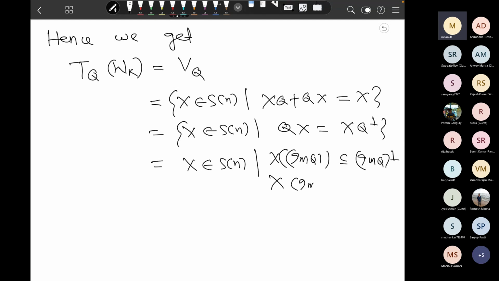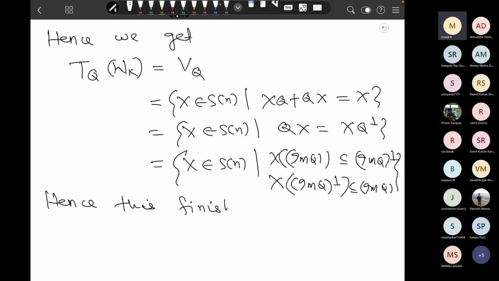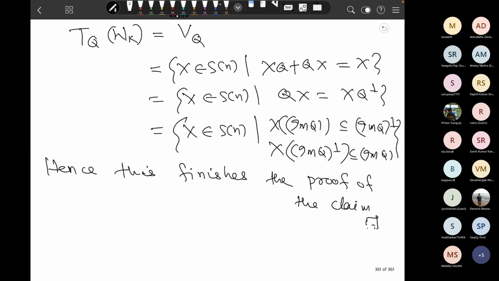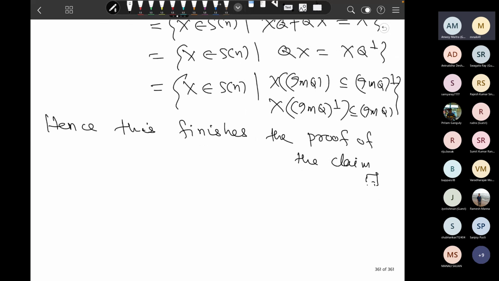So X of image of Q bar is really, so hence this finishes the proof of the claim. So we have really, no, is it okay? Yeah, it is okay. Yeah.